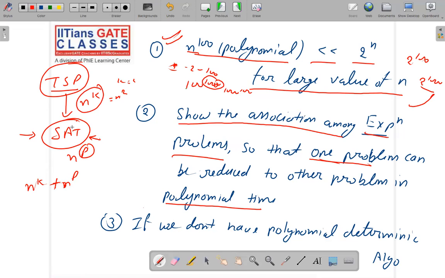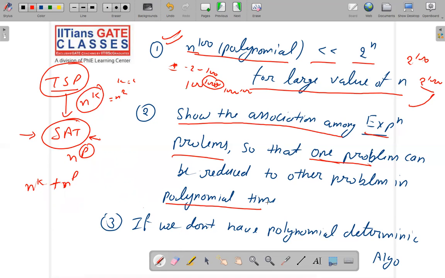It hasn't happened yet, it's still pending. Researchers are working on it, but the idea is to focus on a single exponential problem, try to solve this one, and every other exponential time problem will be reduced to this SAT problem. This is how they are doing it.